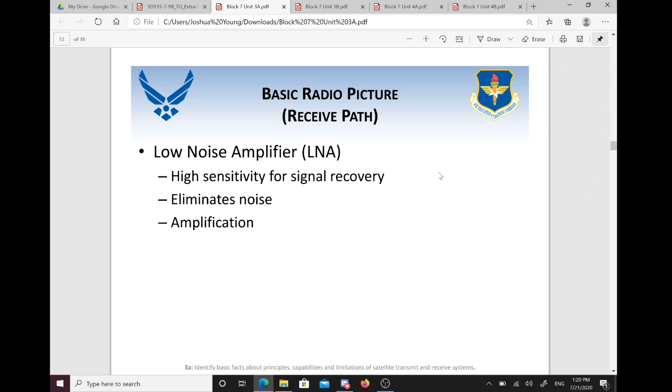Your LNA is programmed to receive whatever your transmit frequency was at your transmit end. The LNA's job is to eliminate the noise inherent with the transmission and then amplify the specific RF signal we're looking for.